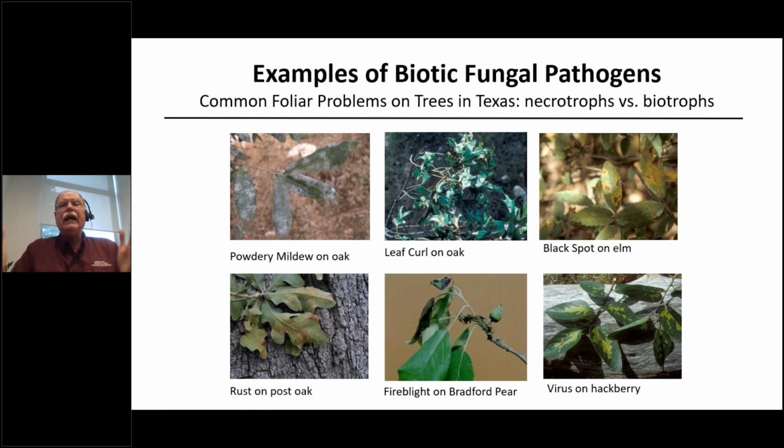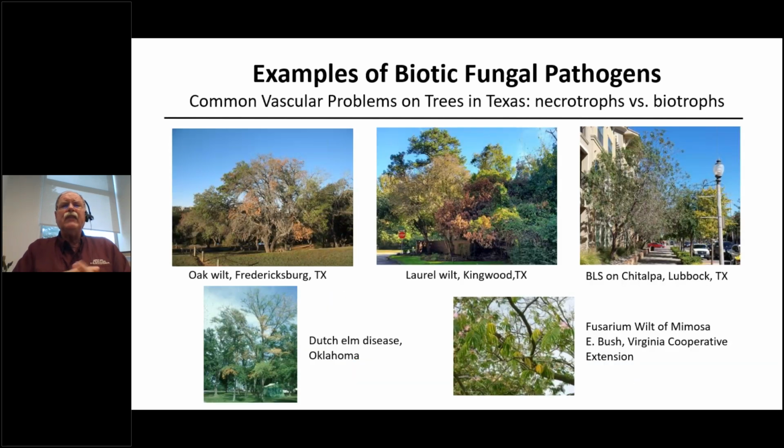So I hope you're getting an idea here that all pathogens are not equal. They are all very, very different in the way that they cause disease, and as such, they are very different in the way that they're controlled. Same thing with vascular problems. However, let's take oak wilt, for example.